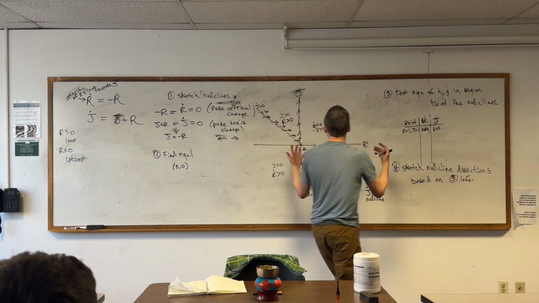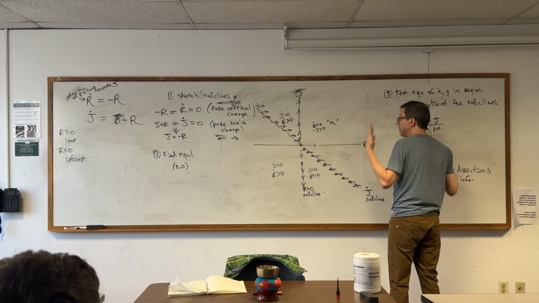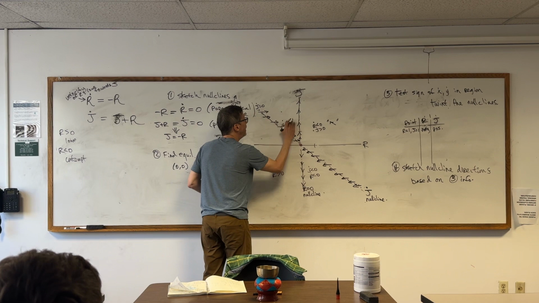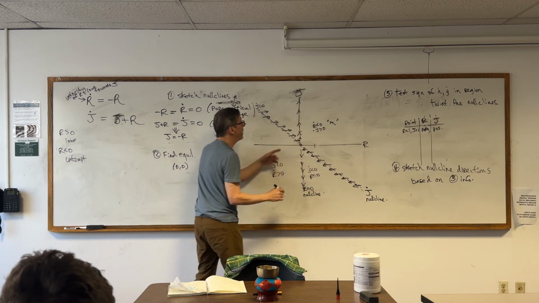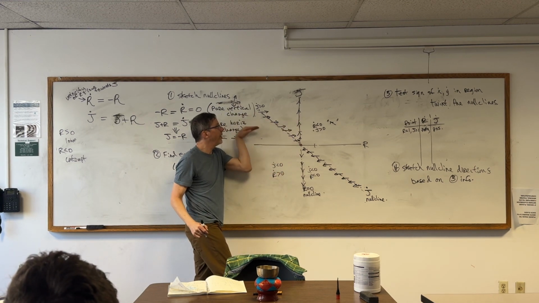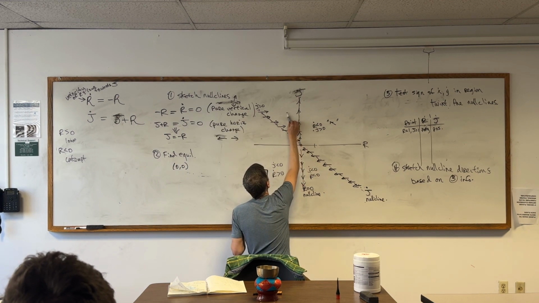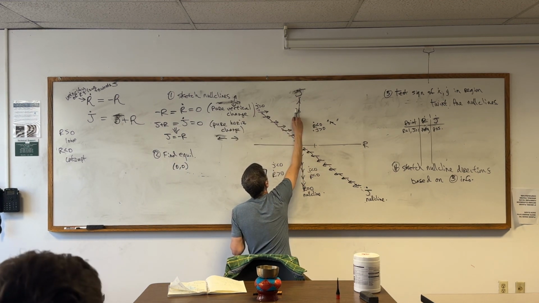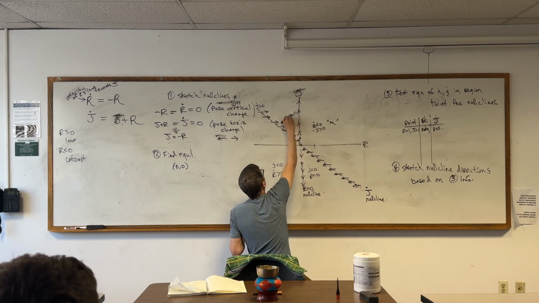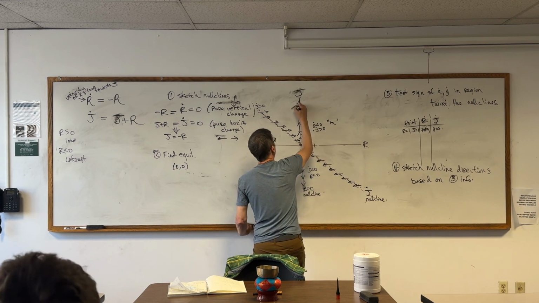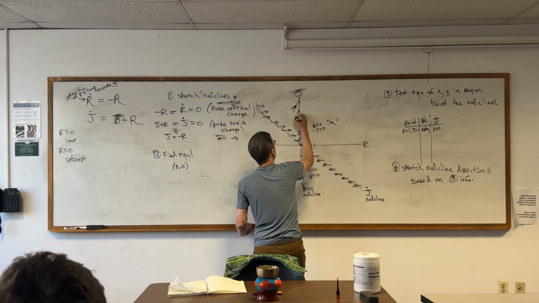And I can use that to my benefit because, for example, in here, I know that I have an upward flow and a rightward flow. And as I move from here to here, that flow needs to become horizontal. So here, as I move away from this, notice that it is still upward and rightward.